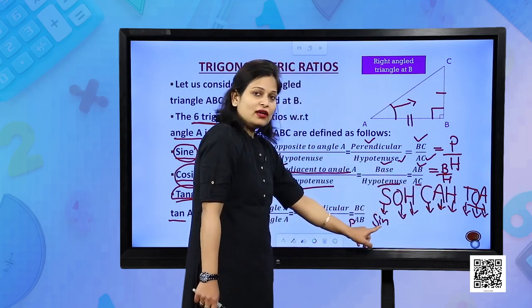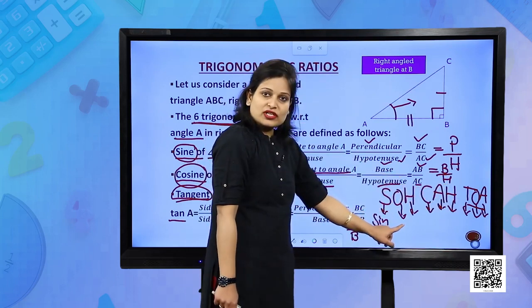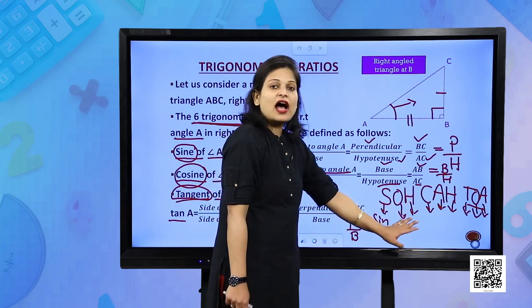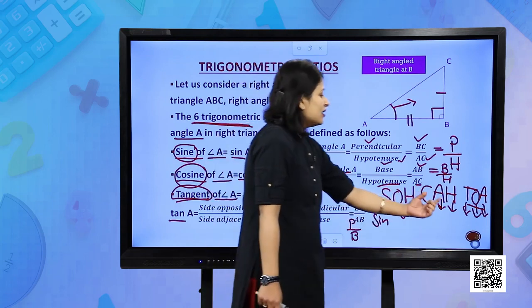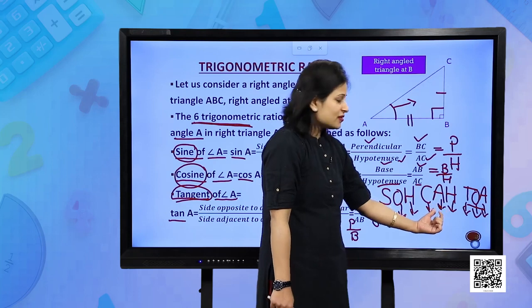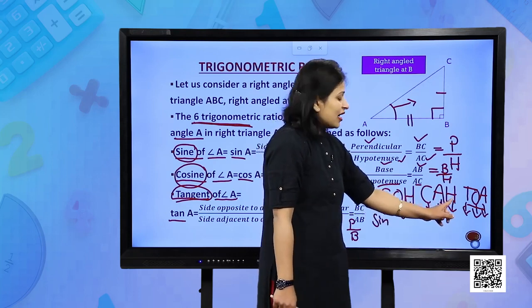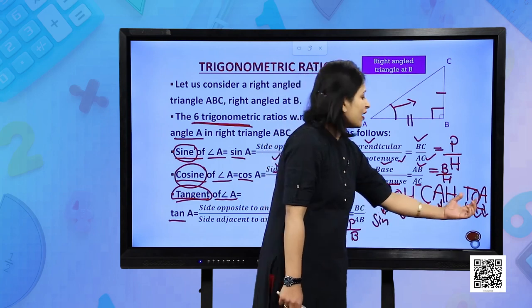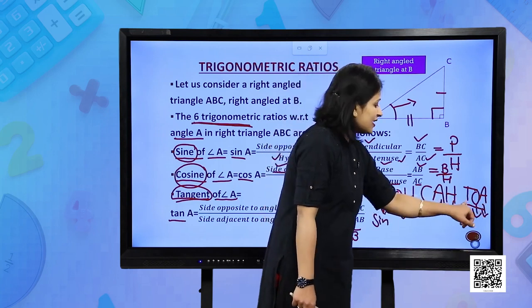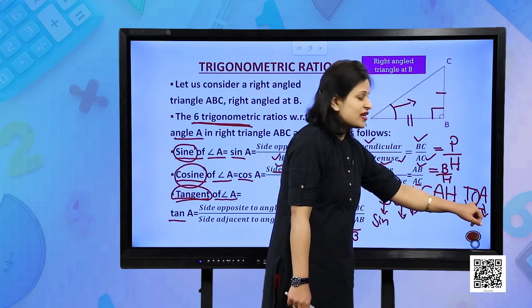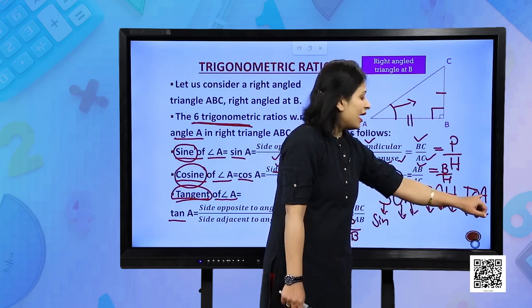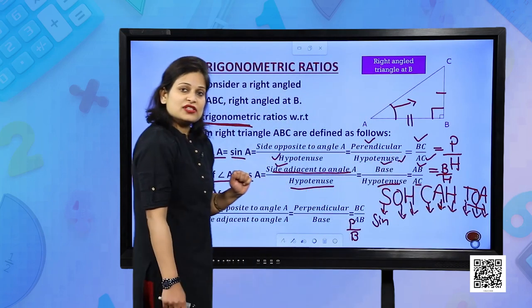S means side, O means opposite side, H means hypotenuse. Here C stands for cos, A stands for adjacent side, H stands for hypotenuse. And in TOA, T stands for tan, O stands for opposite side and A stands for adjacent side.